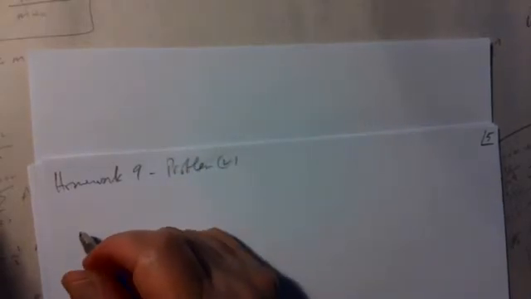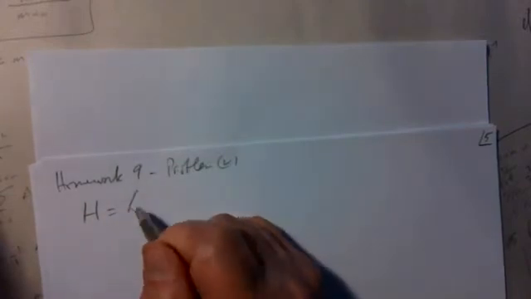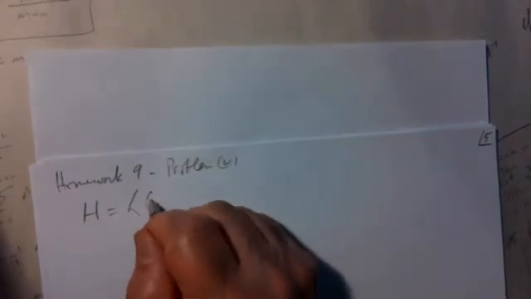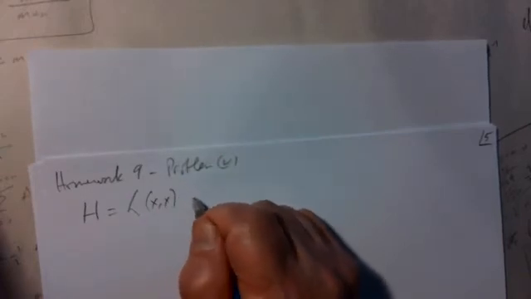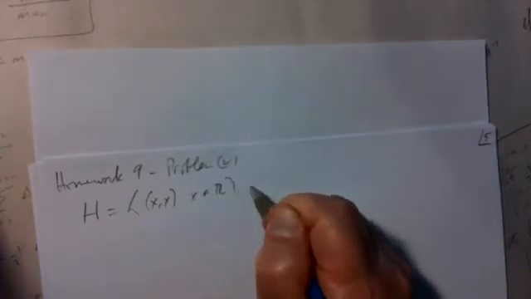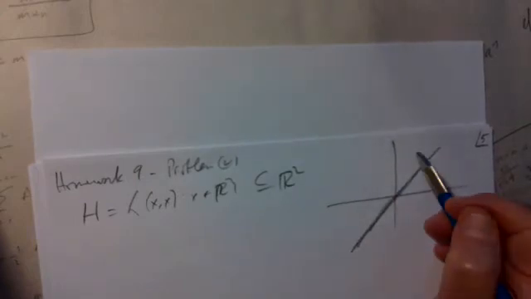Suppose we let H be the set of all points (x, x) for all real numbers x. So this is just a set of points in the plane. These are all the points (x, y) where y equals x. So H is just the line y equals x.